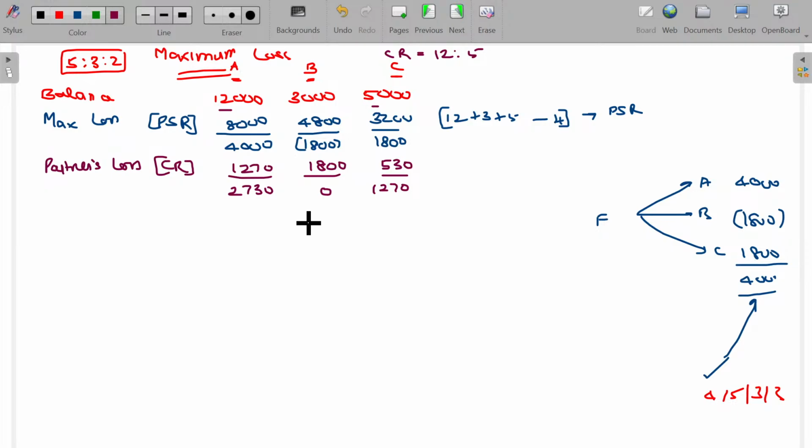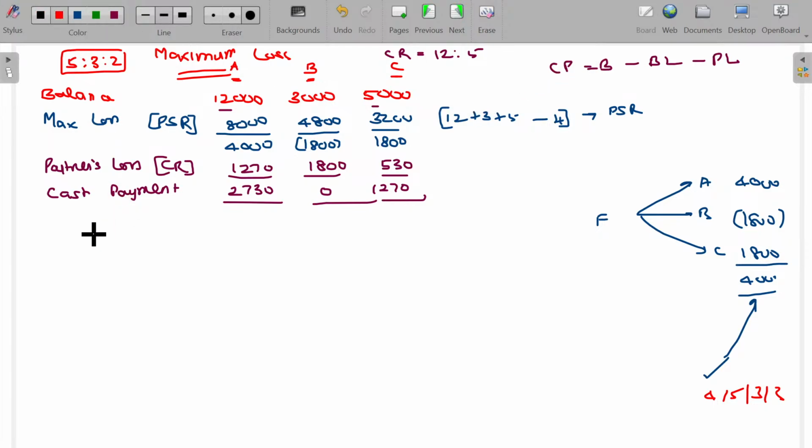After that, we adjusted the partner's loss also. After adjusting these losses, whatever balance remains is payable. So this is the cash payment. Clear? From the balance, you adjust the business loss and then the partner's loss, which gives the cash payment.